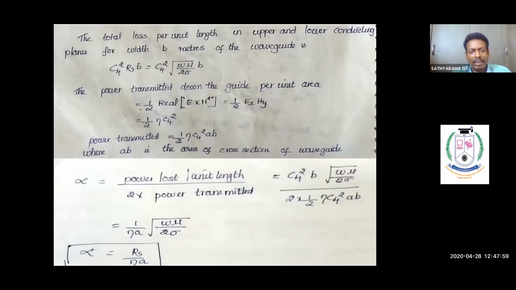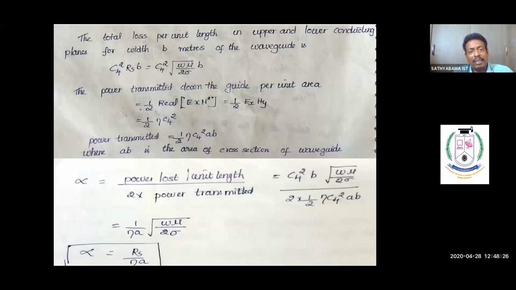One important thing we observe in the expression for the TEM wave is that there is no cutoff frequency; f doesn't come in this term. It means the TEM mode supports all frequencies. When your waveguide supports TEM mode, there is no cutoff frequency, and you can use it for sending all frequencies.